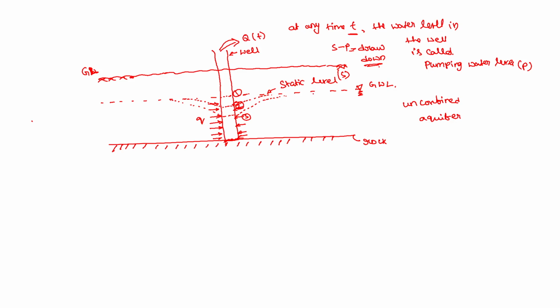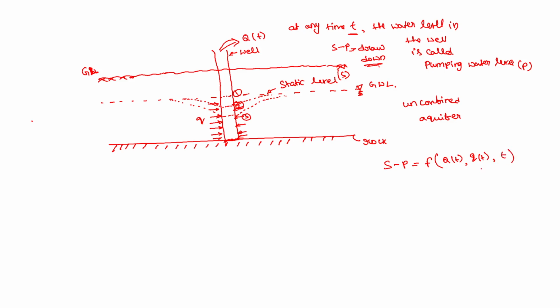And this drawdown, s minus p, is a function of pumping rate Qt and aquifer properties, as well as duration.